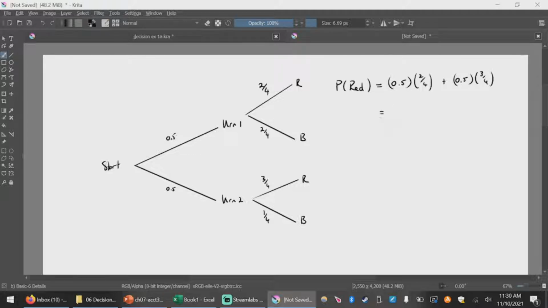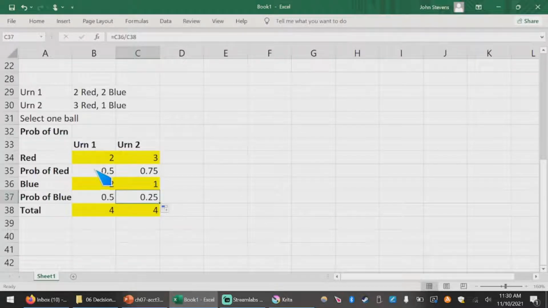Well, I can calculate it in Excel, right? I have the numbers over here. The probability of the urn is 50-50.